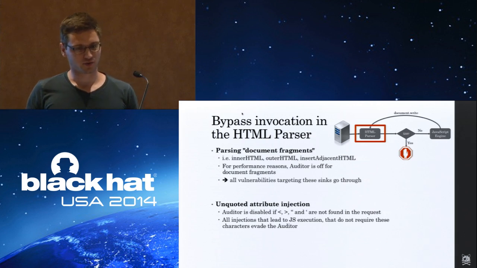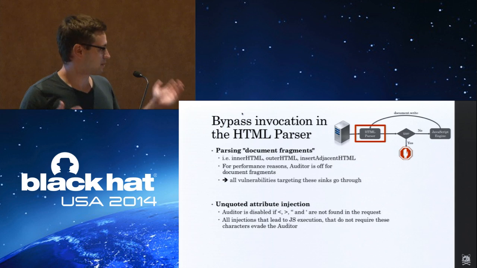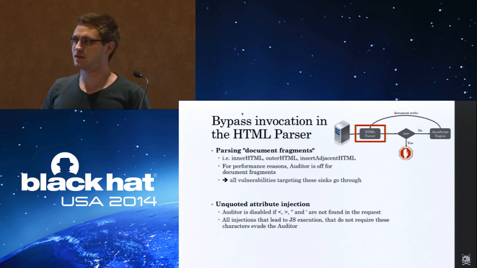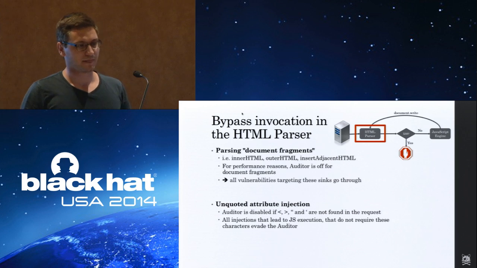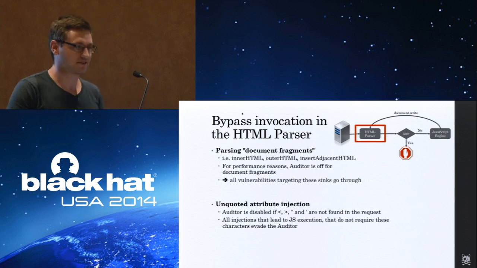That means in order to break out of this attribute, I don't need the single or the double quote, and depending on what kind of attribute it is, it might be an iframe, for example, where I can then use one of those JavaScript URLs. I don't actually have to break out of that existing tag either, so I don't need the lesser or greater signs.